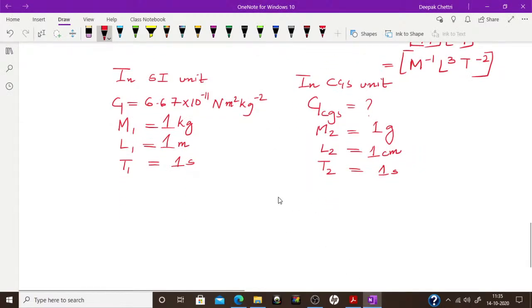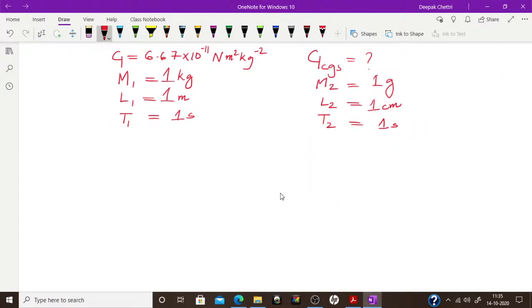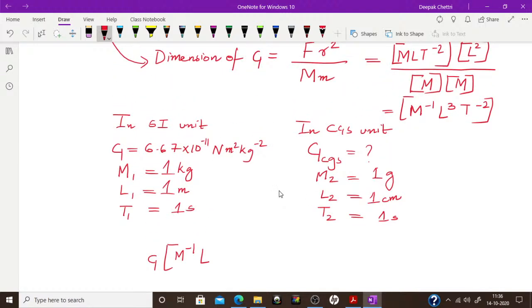Okay, so now we will use this. In terms of dimensions, they will be equal, right? So you can write G with dimension M minus 1, L cube, T minus 2. I'm copying from this part here, right?